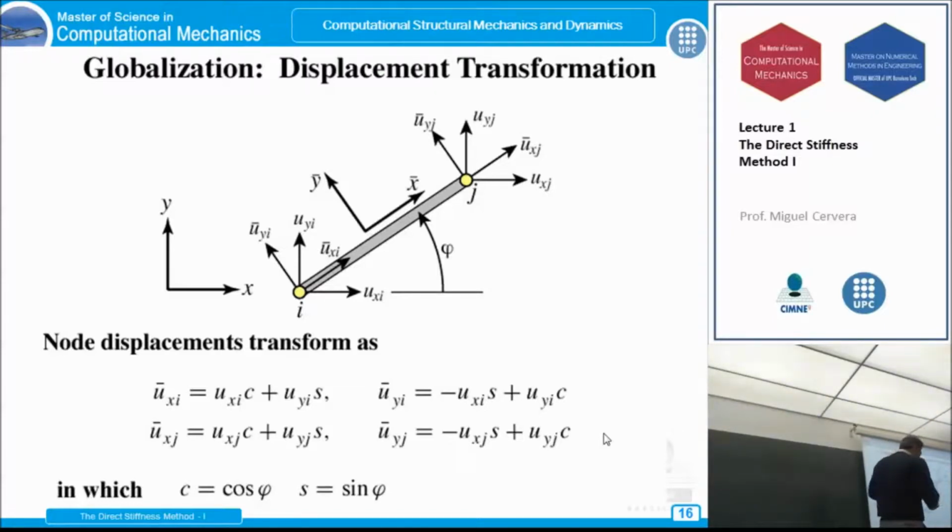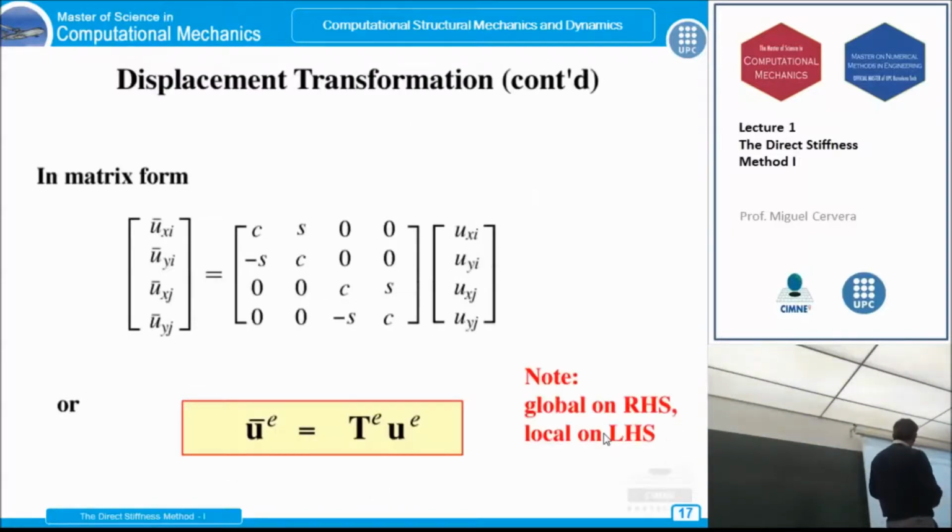Now, I don't want to go into details because you know the details, and anyway they are written. If these are the global axes and these are the local axes for a bar, you can always express the local displacements in terms of the global ones. You only need to know the inclination of the bar. Now, we put that in matrix form, and in compact form it reads like this.